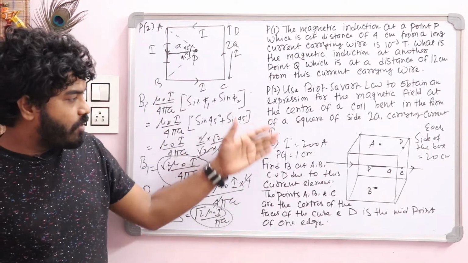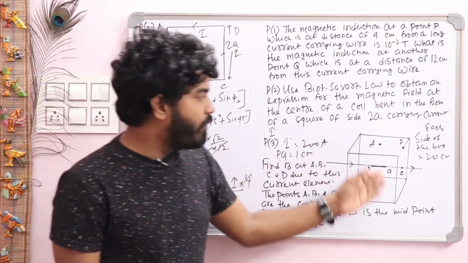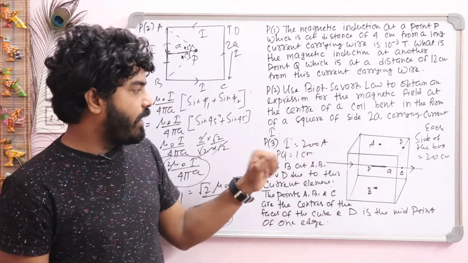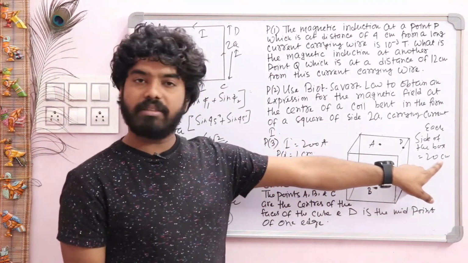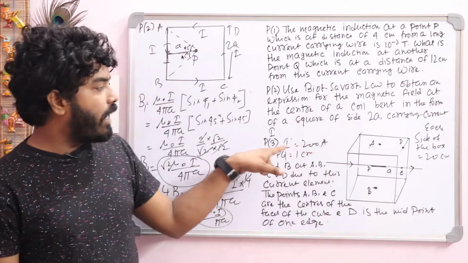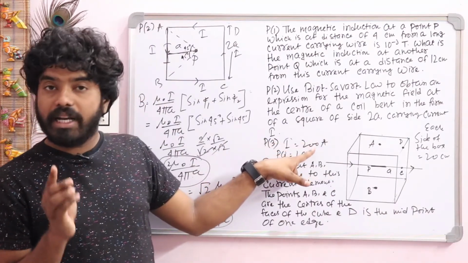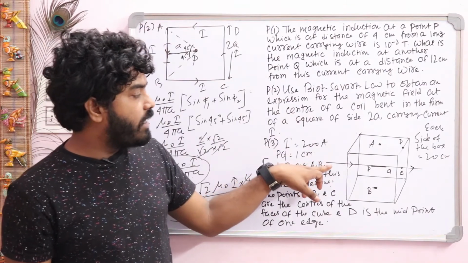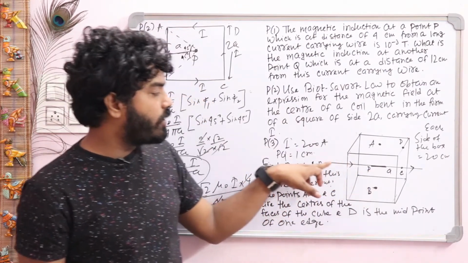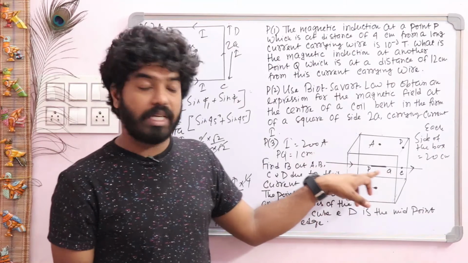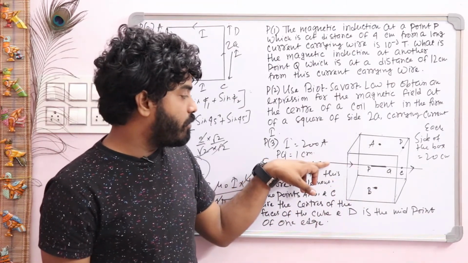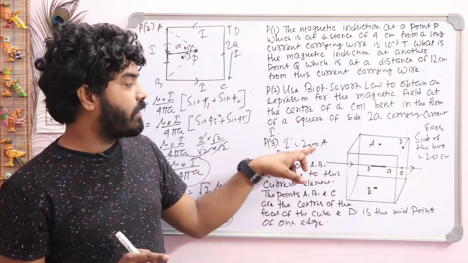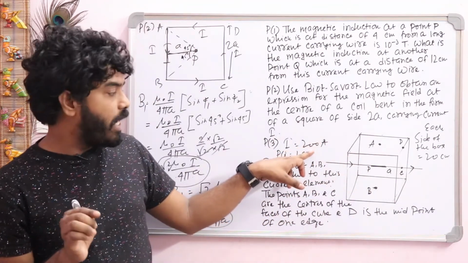At first you read it. A cubical box is given, each side 20 centimeter. Here the current flowing is 200 ampere. A straight current carrying conductor is passing through this cube, there is a hole, so this straight conductor passes through the cube, with current I equal to 200 ampere.